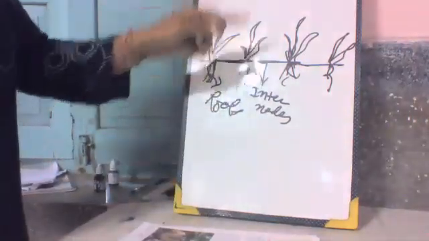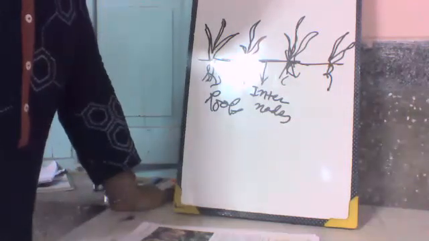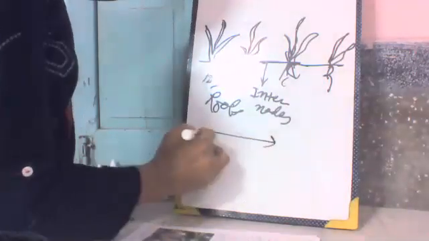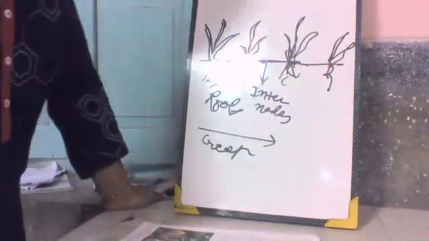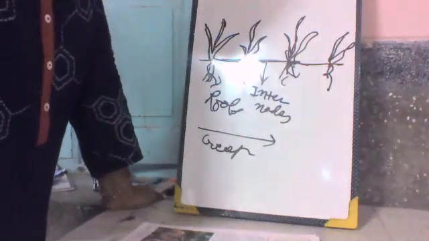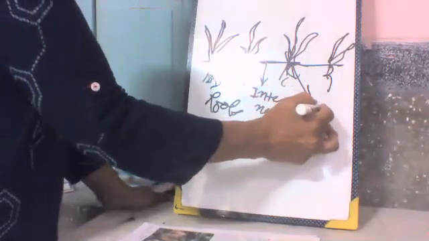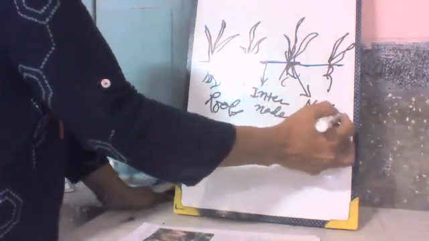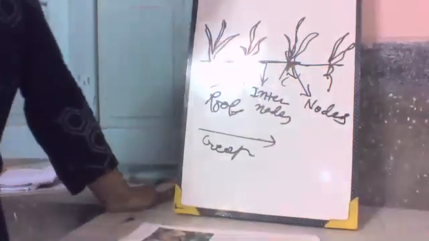These nodes grow into new plants, creeping on the surface of the ground. They are creeping on the ground. From each node, roots grow out. Each node develops roots.